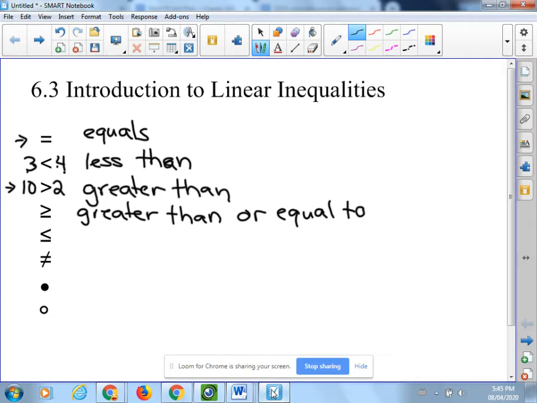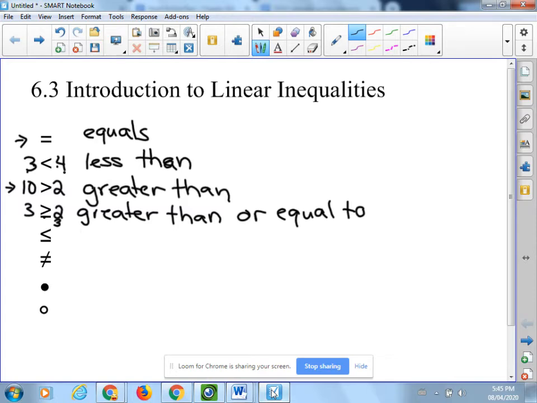Okay, so that means our answer could be either equal to or has to be greater than. So if this is 3, I could say that a number that is less than 3, because this has to be greater than, is 2. But I also could have said that this answer could have been 3, because 3 is also equal to 3.